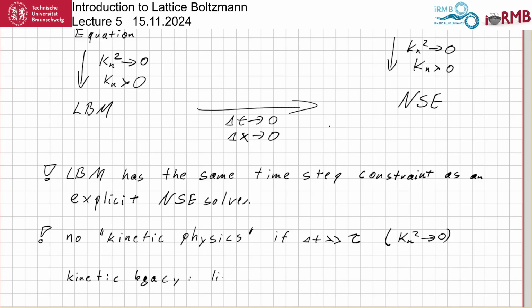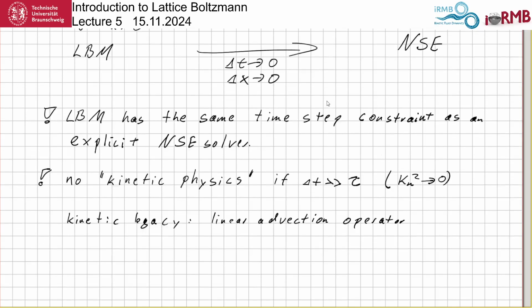We still have a linear advection operator. The linear advection operator means we can still use a simple streaming operator. This leads sometimes to a statement that you will probably hear somewhere: all nonlinearity is local, and all non-locality is linear.